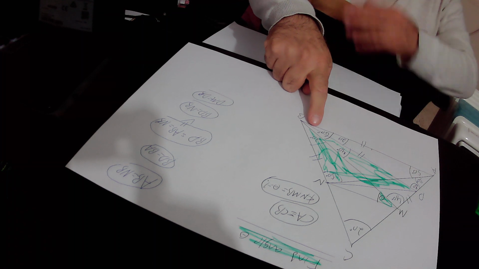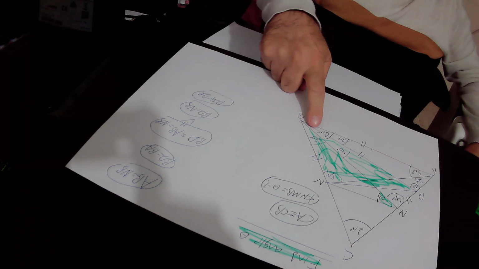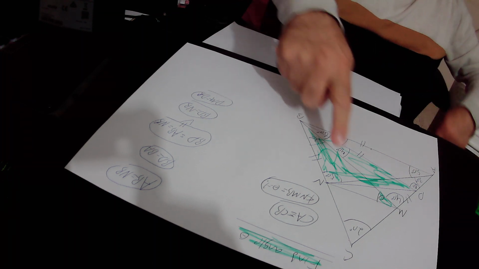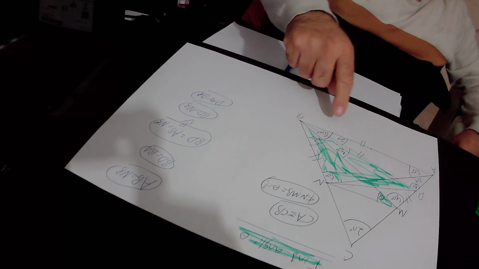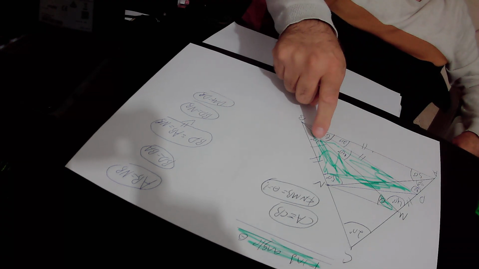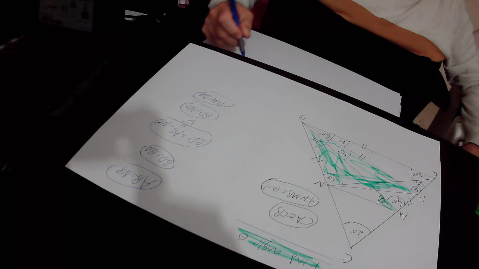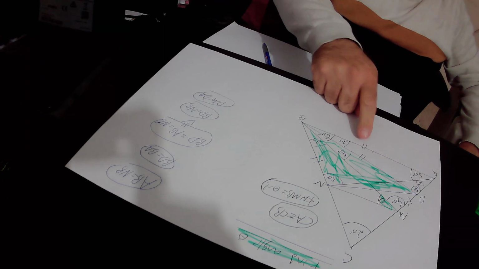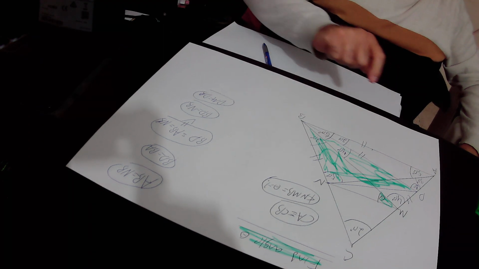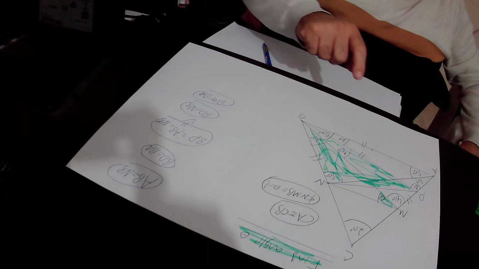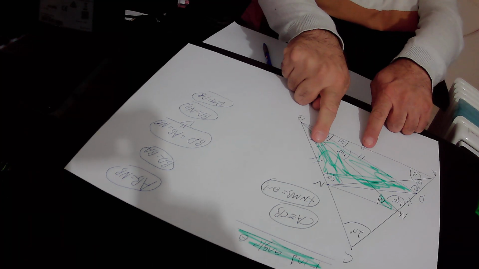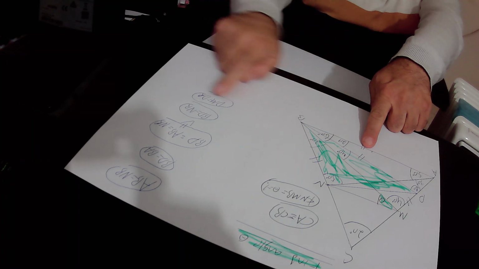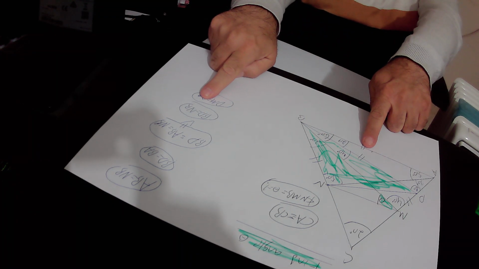Angle NBD, this angle NBD equals 40 degrees plus 20 degrees, that is 60 degrees. And we already found out that DB equals NB. Here, DB or BD equals NB.